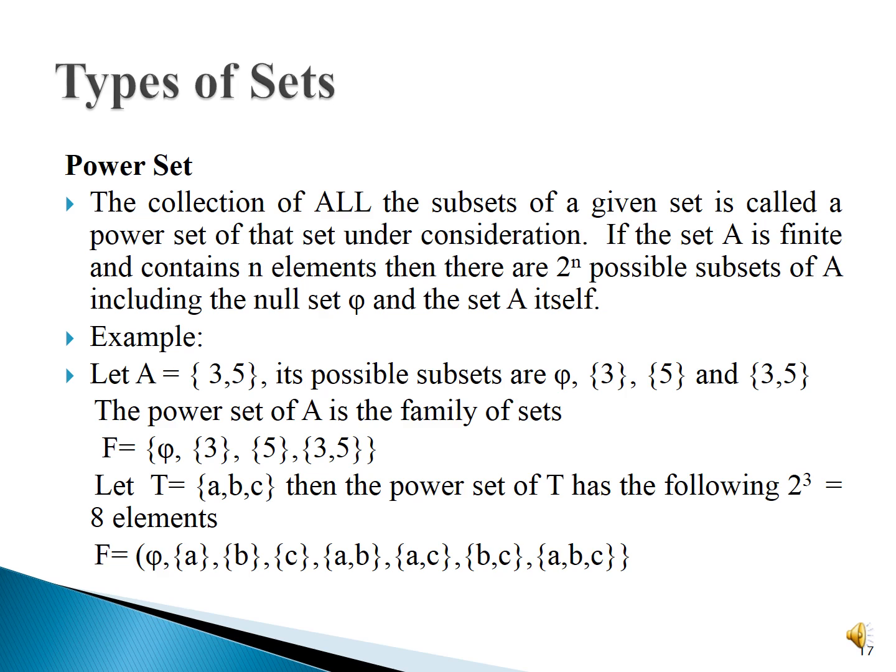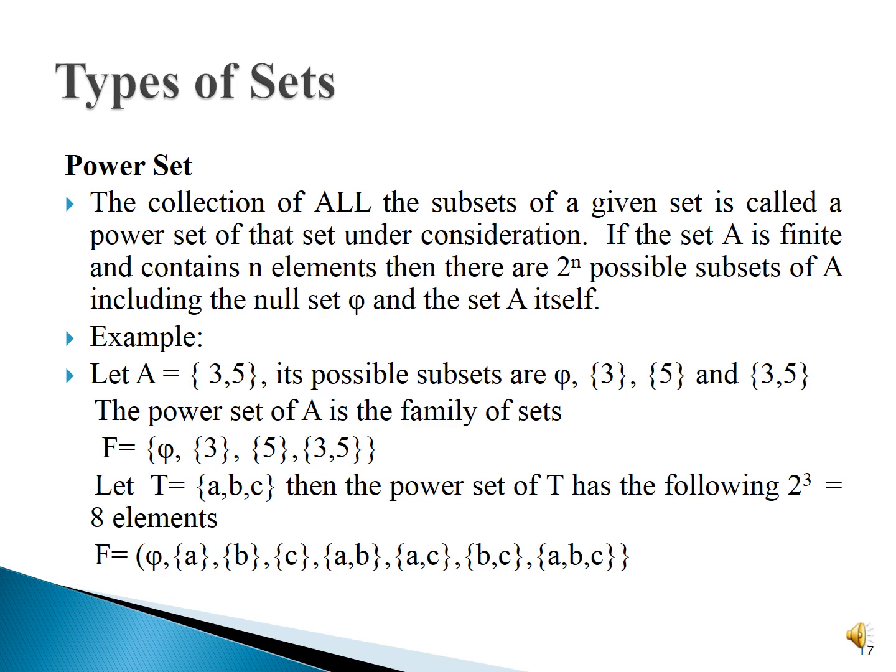Here we can see the set A. It has the elements 3 and 5, and with the help of the definition we can see that the possible subsets of A will be phi, the null set, then {3}, then {5}, then A itself, {3, 5}.